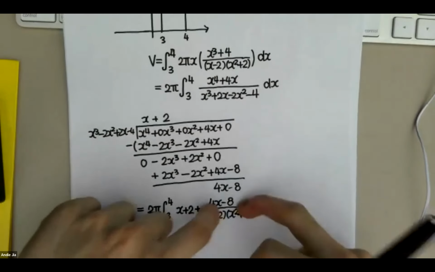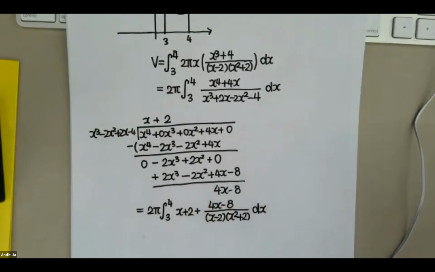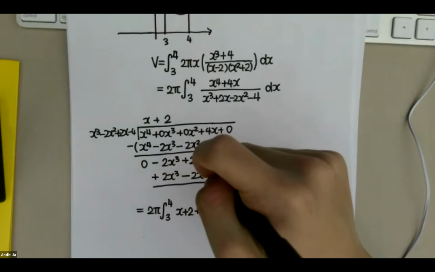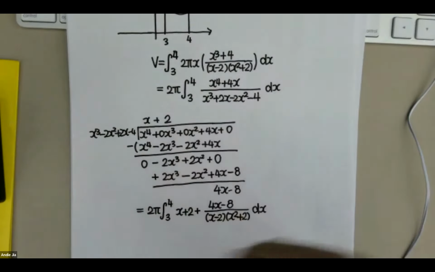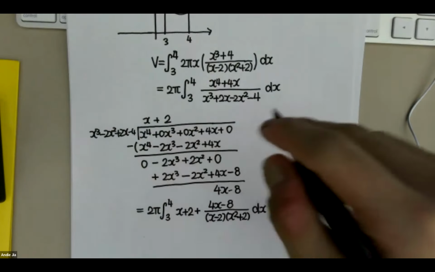Then now do partial fractions of this mess. That is the whole thing. So does this make sense to you? Or do you want me to solve the problem, or do you want me to jump to the next question?